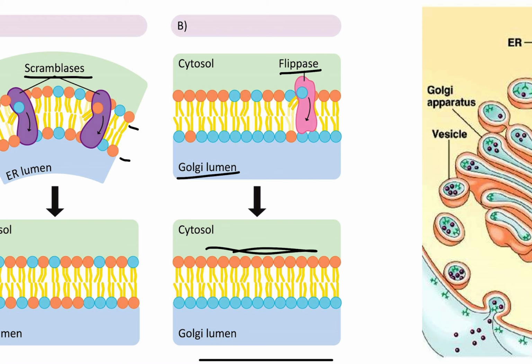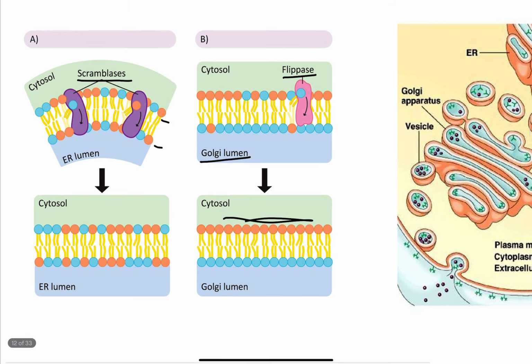So the role of the endoplasmic reticulum and the Golgi apparatus in lipid and protein processing is that our ER is going to synthesize our lipids and our proteins.